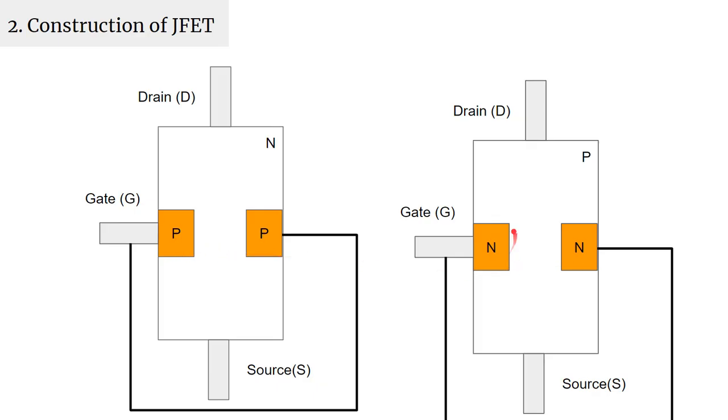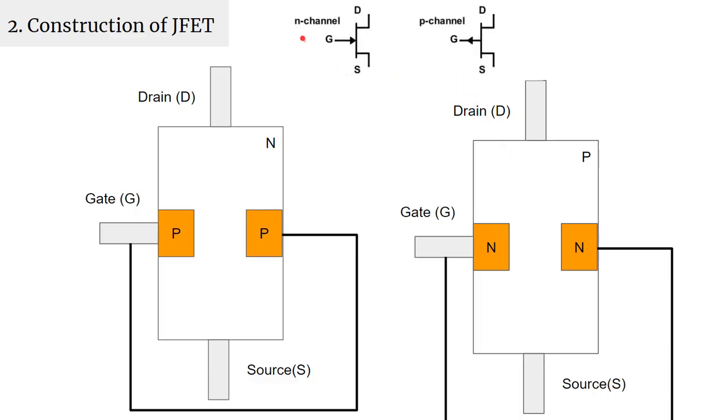Similarly, a channel is created between these two N-type layers, and this channel is made of P-type material. That is why it is called a P-channel JFET.